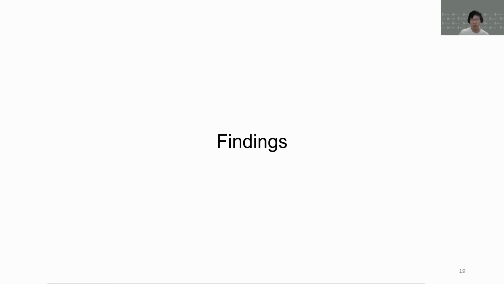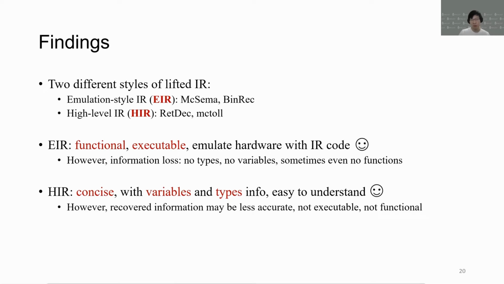Then here are the findings of this study. One of our major findings is that currently existing lifters follow two distinct patterns when producing IR code. We distinguish them as emulation-style IR, abbreviated as EIR, and high-level IR, abbreviated as HIR in the following.